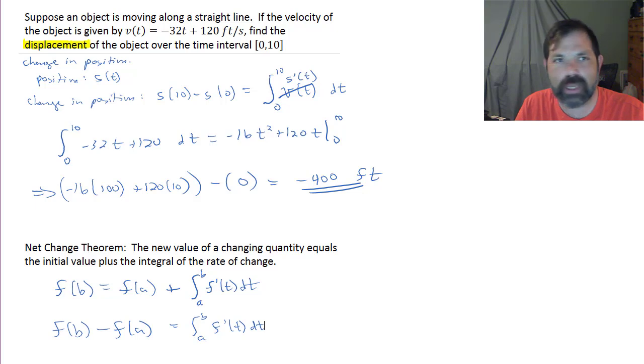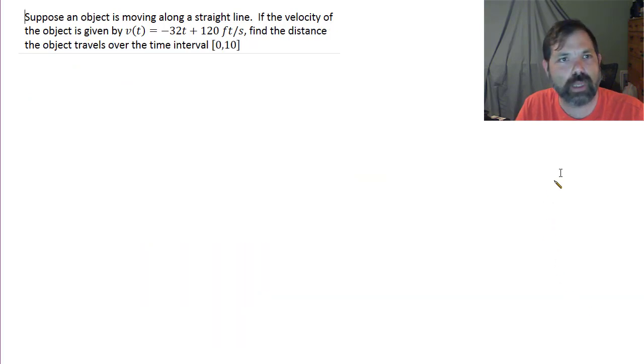Now let's look at a slight variation on that same problem. Same setup. The object is moving along a straight line, and the velocity is given by this v of t. But now it says instead, find the distance the object travels over the time interval. Not the displacement, not just the change from its beginning position to its end position, but the actual distance the object travels.